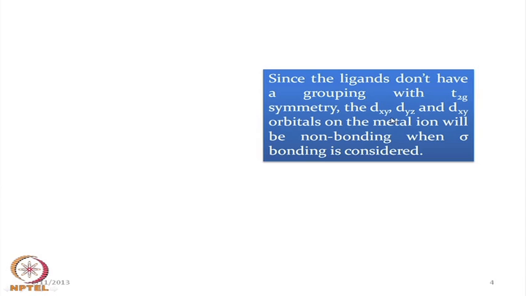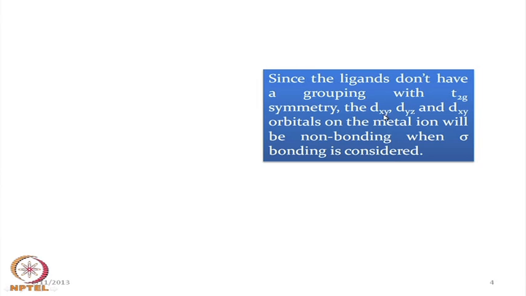And for the corresponding orbitals from the metal side, when we have complexes in zero oxidation state such as nickel tetracarbonyl or chromium hexacarbonyl, the dxy, dxz and dyz orbitals on the metal ion will be non-bonding when sigma bonding is considered.